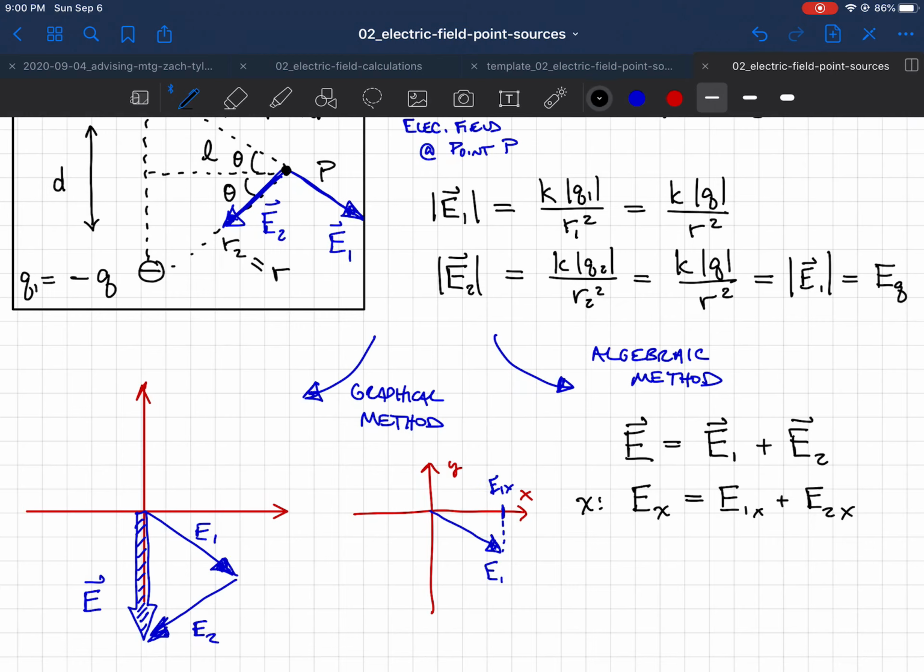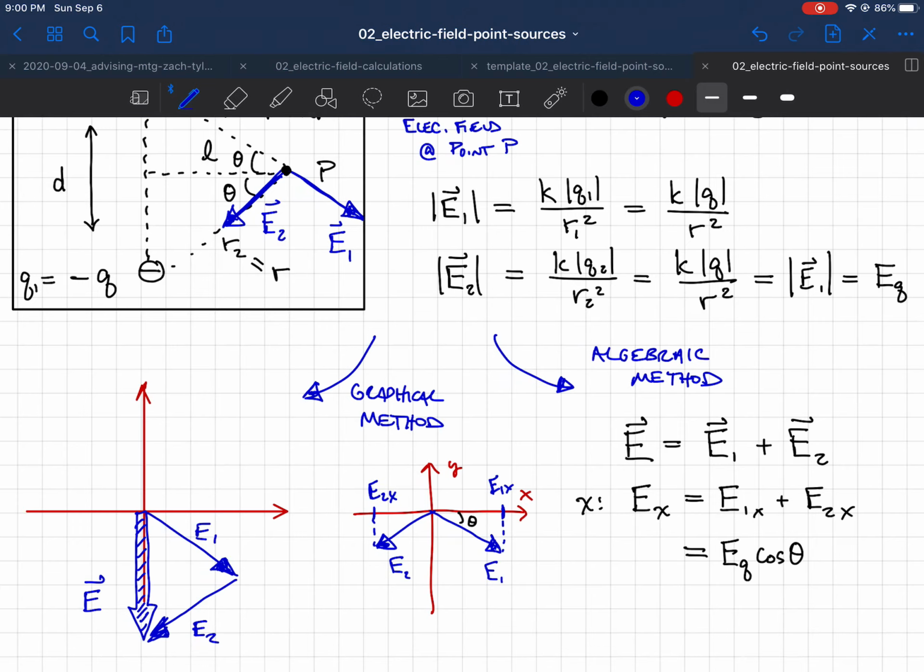And it looks to me like this is theta, the theta that we were looking at in that picture. So then my E1x is going to be equal to the magnitude E1, which we said was just EQ, times cosine of theta. And it's a positive component there. The other one is going to look like this, E2 vector, and it's going to be projected back to this point.